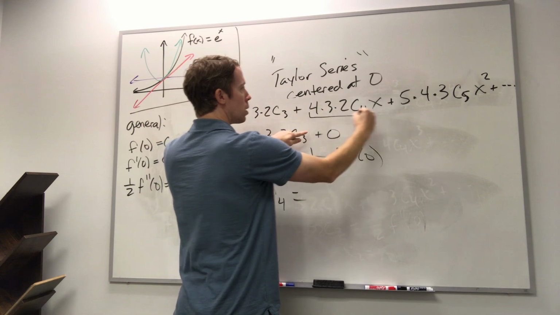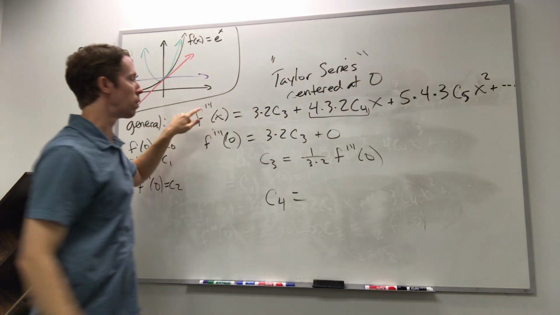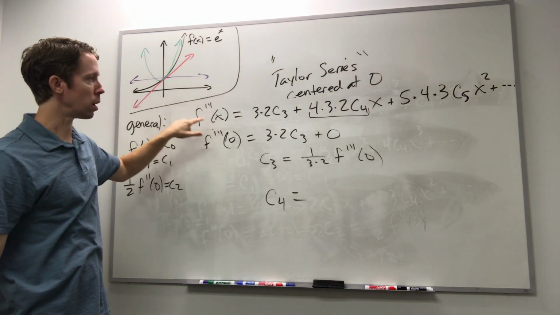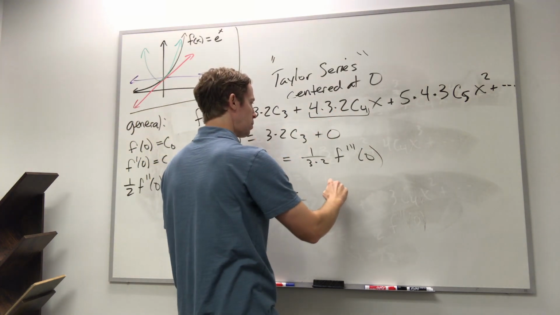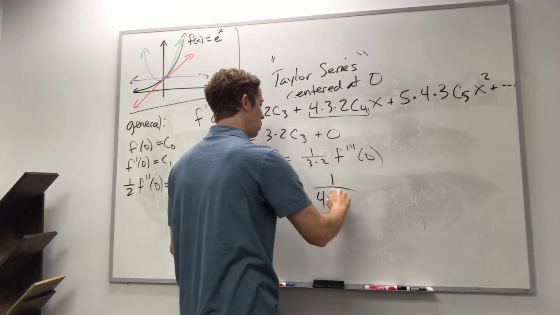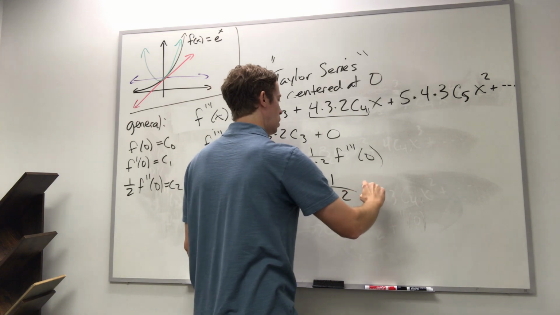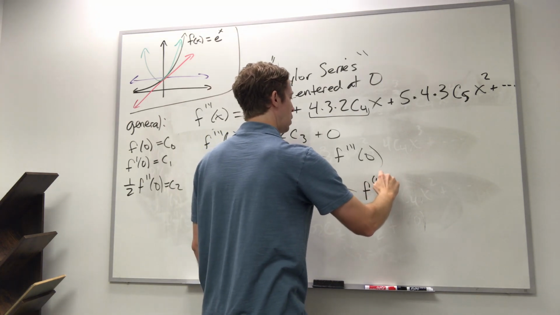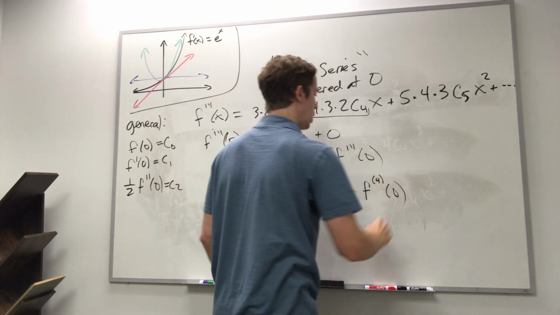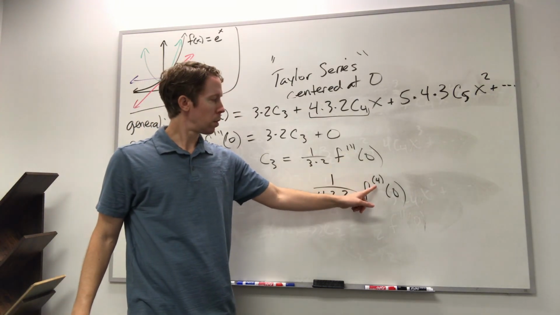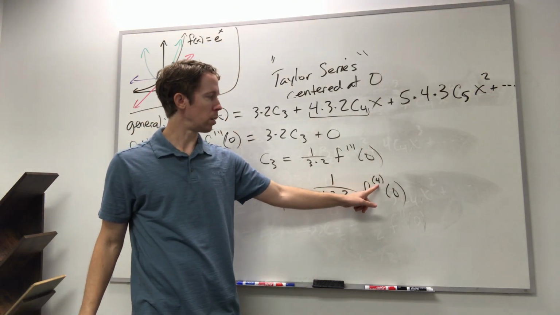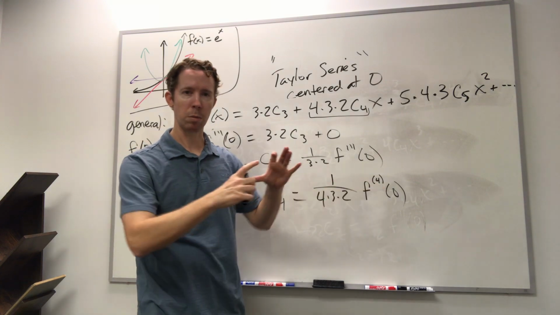So this constant is equal to the fourth derivative, evaluated at 0. Then I solve for the C4. I get 1 over 4 times 3 times 2 times the fourth derivative, evaluated at 0. When you get above the third derivative, people usually write the derivative as just the number inside parentheses.